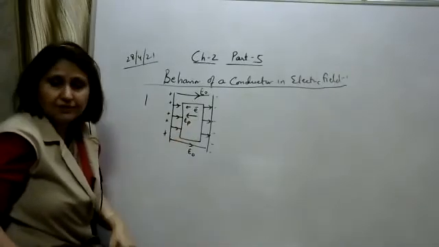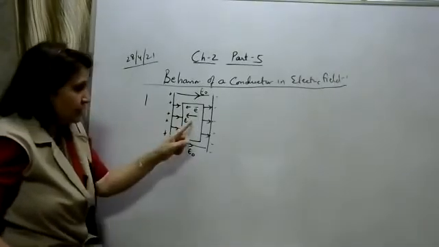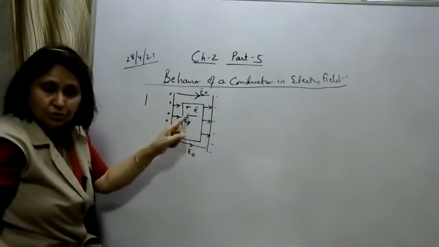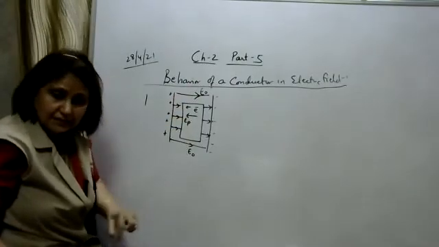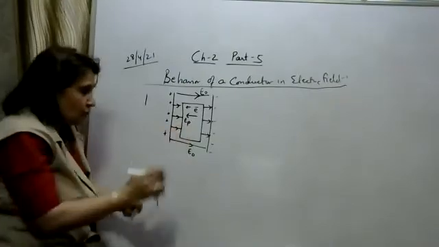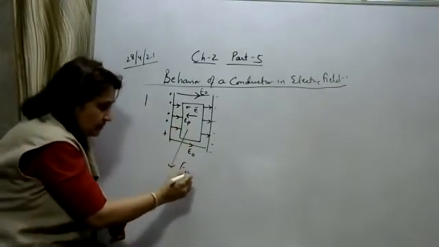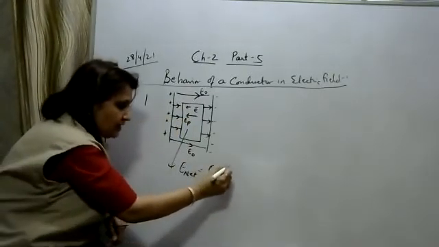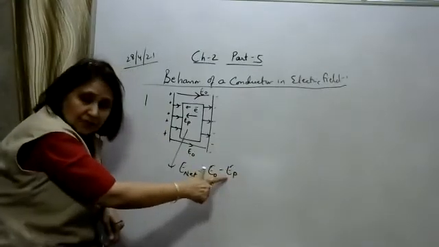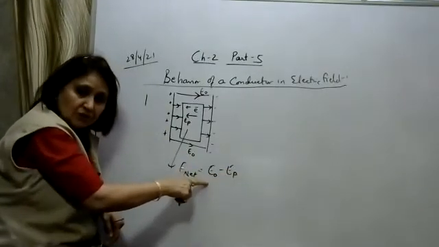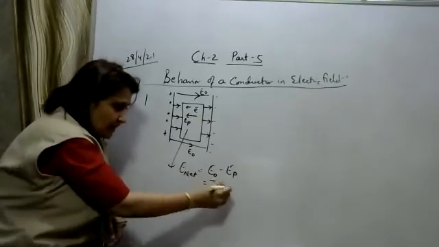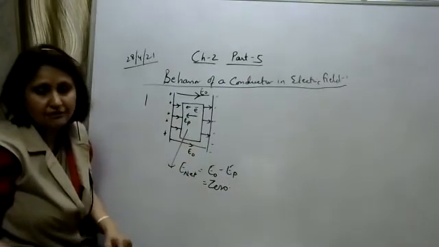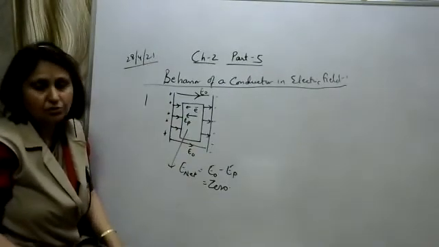As you can see, E naught and EP are in opposite directions, so the net electric field is E naught minus EP. So what is the net electric field inside? The net electric field inside is 0. So there is no net electric field inside a conductor when it is placed in a uniform electric field.